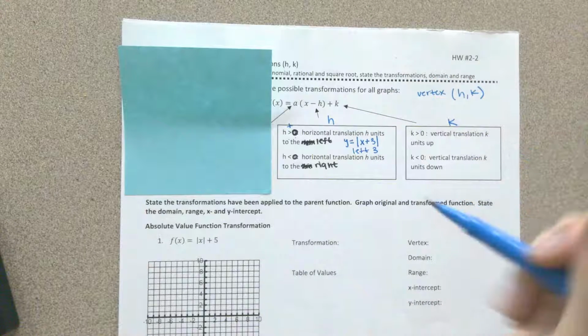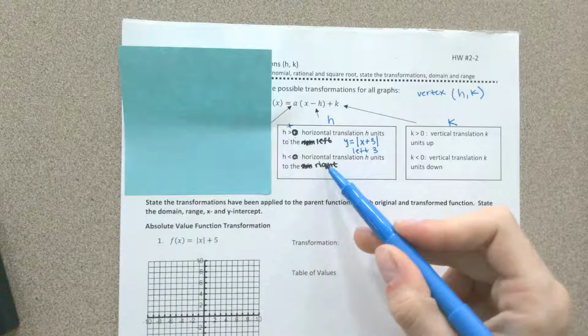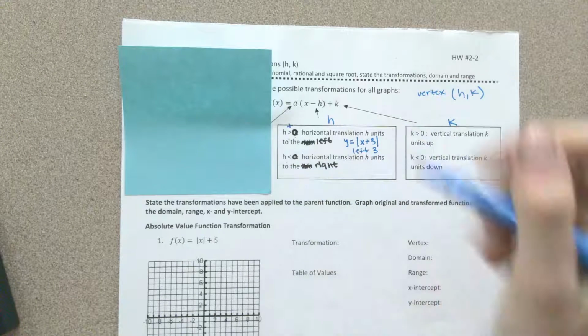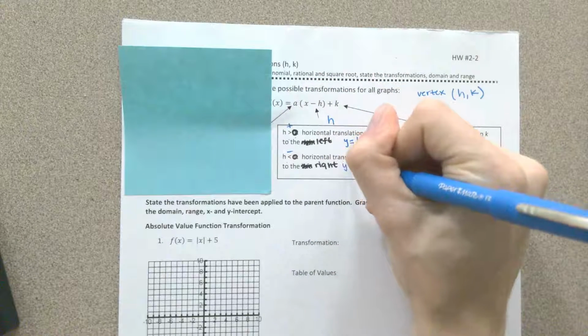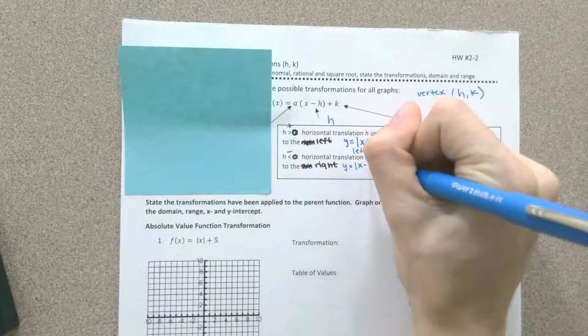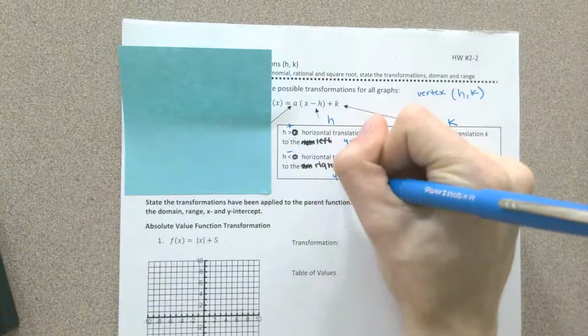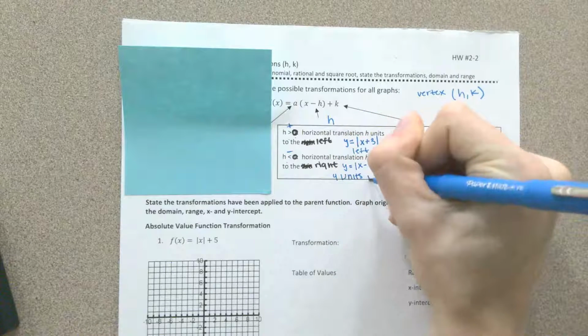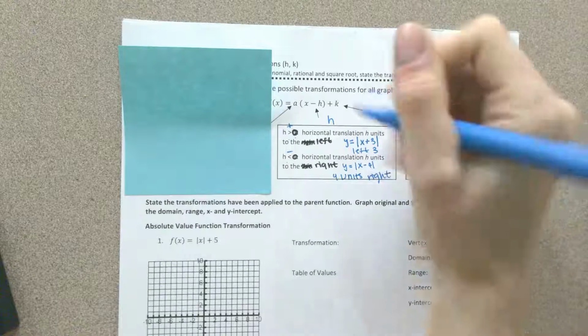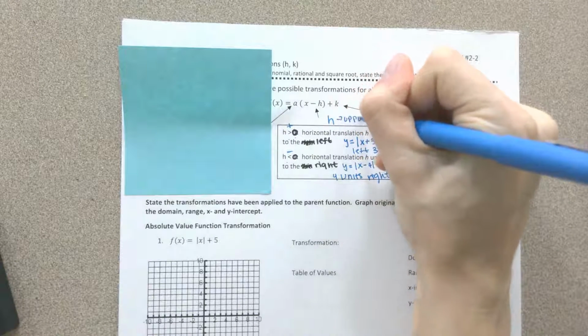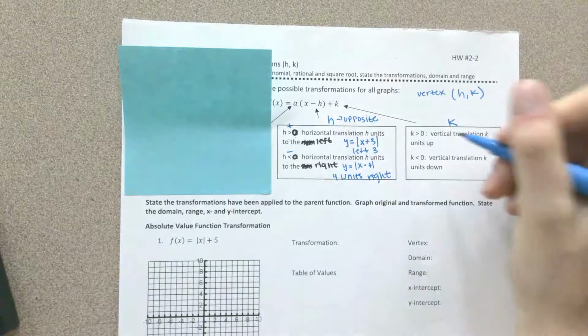If we have an h that is less than 0, so if our h is negative, so if we have y equals x minus 4, we're going to move 4 units right in the positive direction. So h is kind of opposite of what it's saying.